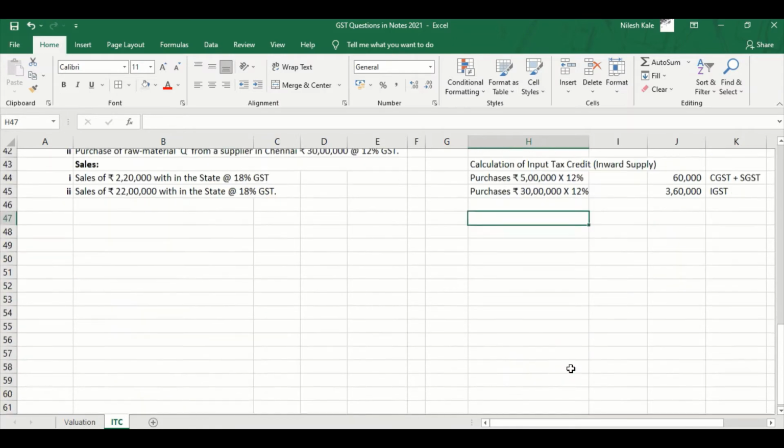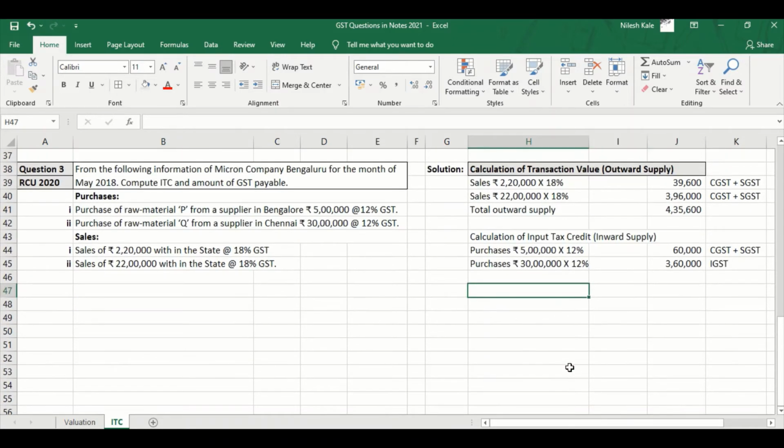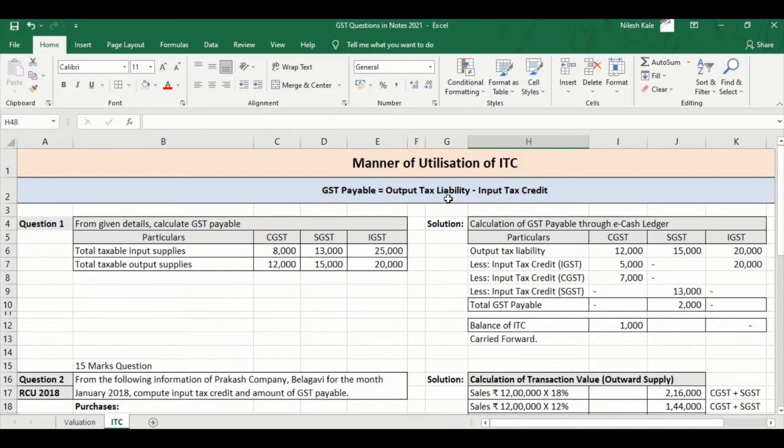Next, what is the third step? Third step is calculation of GST payable using the manner of discharge of ITC. Okay, this is what we'll have to do. What is the formula? Formula says output tax liability minus input tax credit.